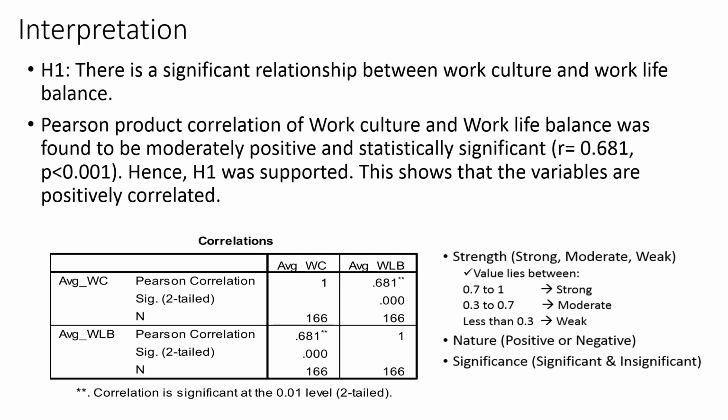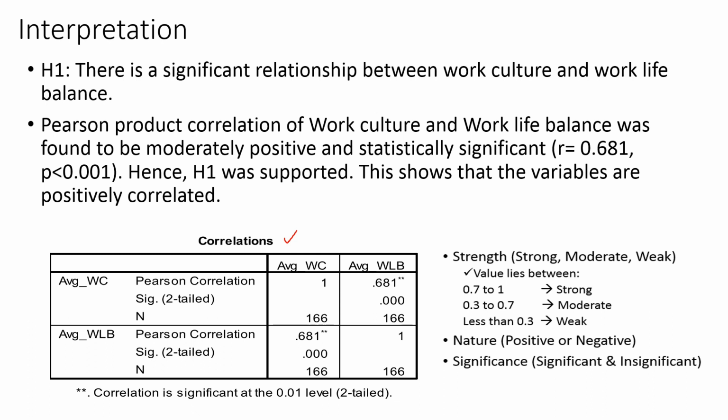This is what we have written, and it is my hypothesis 1. And this is the output which I got. I have copied it from there; this was the table I got after doing the analysis.